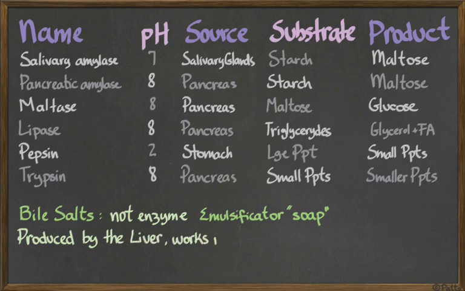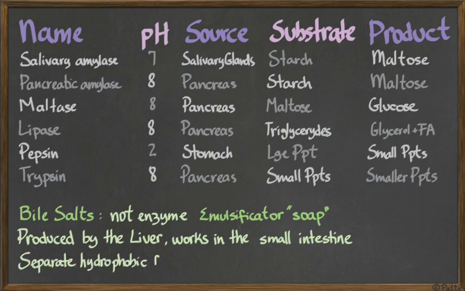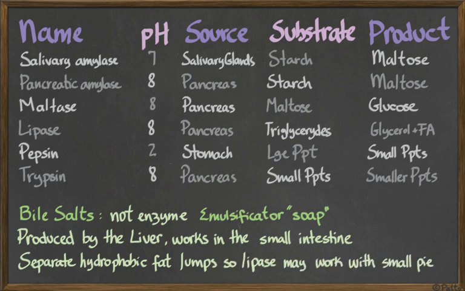Okay? It's produced by the liver, it works in the small intestine, and it's accumulated in the gallbladder. So the liver produces it, it accumulates in the gallbladder, and is thrown into the small intestine. The idea is to separate hydrophobic fat lumps into small pieces so the lipase can work. This is the function of the bile salts, which are not enzymes.